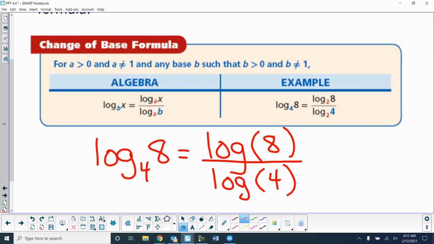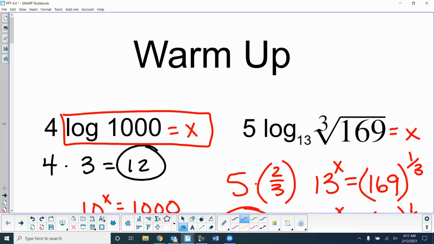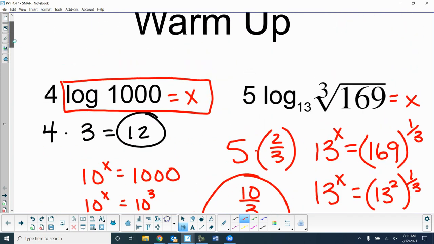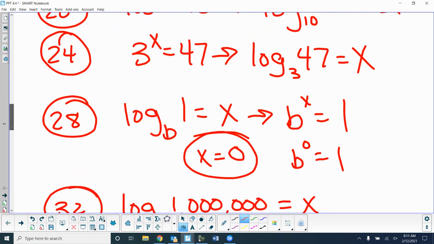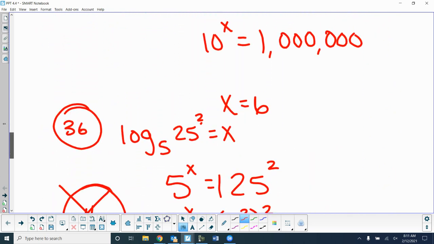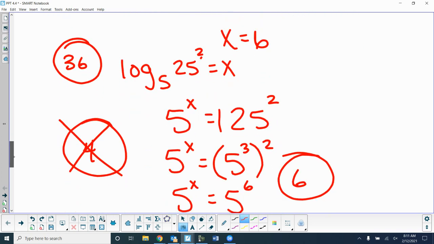If we go back to the ones we did for homework that we were doing in our head, let's do this 36 one.